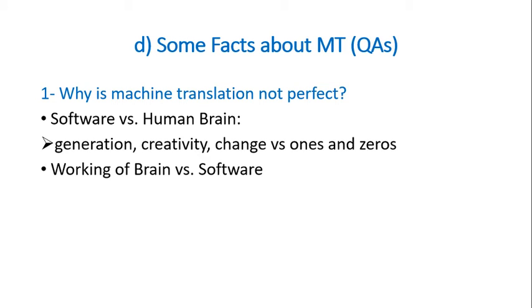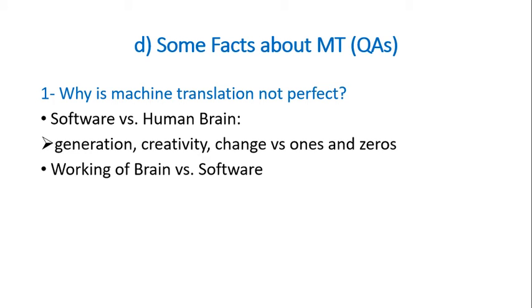The human brain changes with the passage of time. The human mind and brain actually change and enlarge, and everything is changing, as we can see in our own personal experience as well. Whereas software works on the basis of ones and zeros, which is very fine, which is very good, but which is limited. So the working of the brain and the working of software, these are two major differences which can be a good answer to this question.